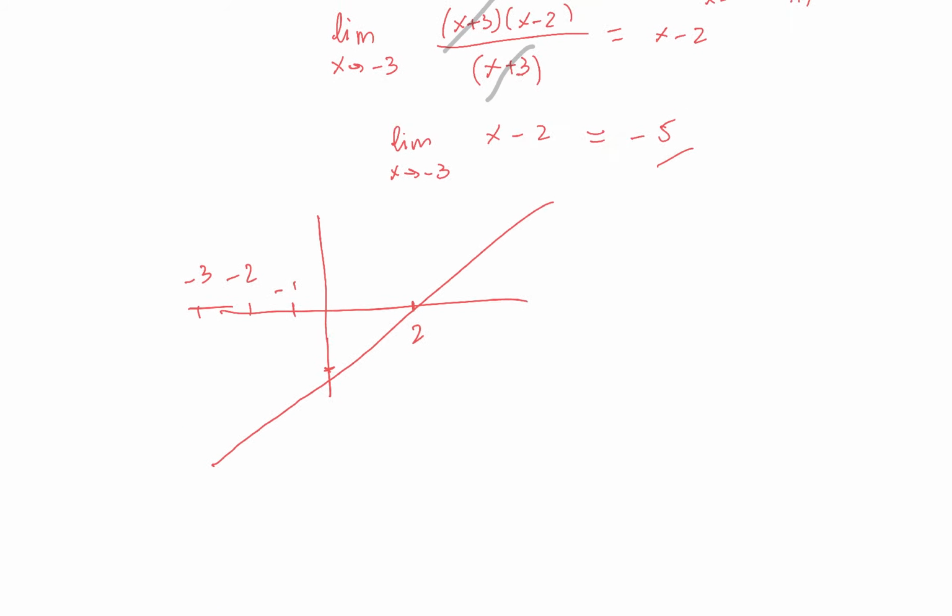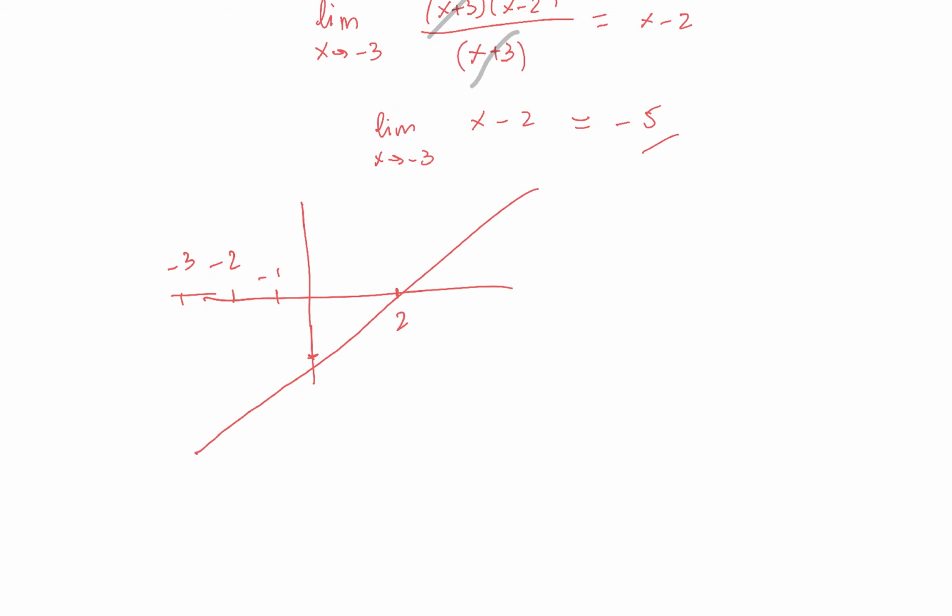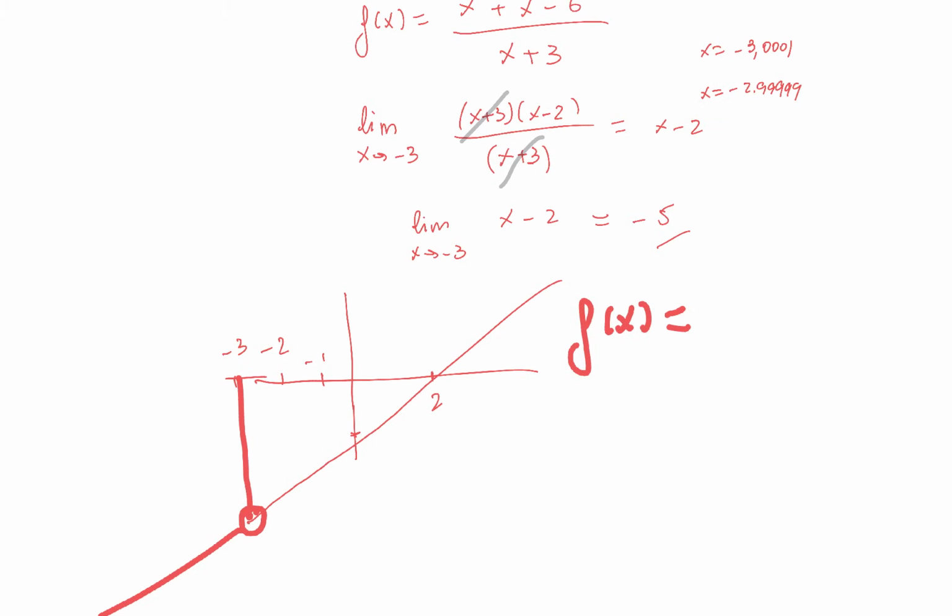So at x equal minus 3, you need to put a hole here. So this function f of x equal x squared plus x minus 6 divided by x plus 3 is the rectilinear line x minus 2 with the hole.